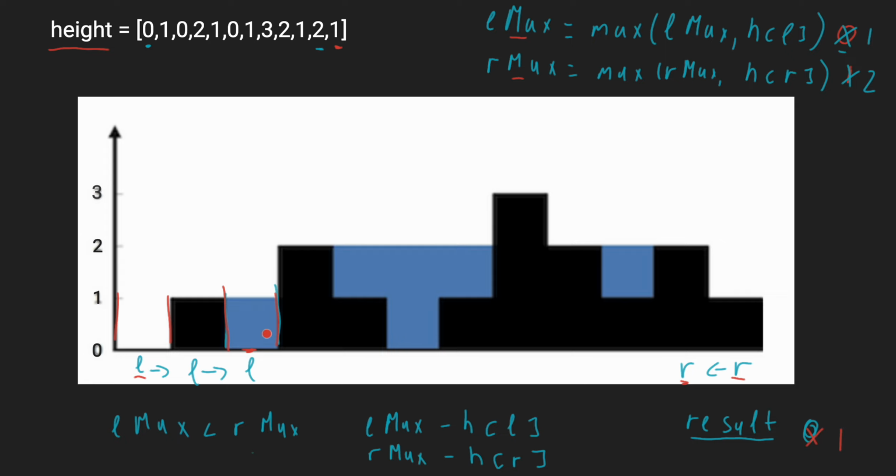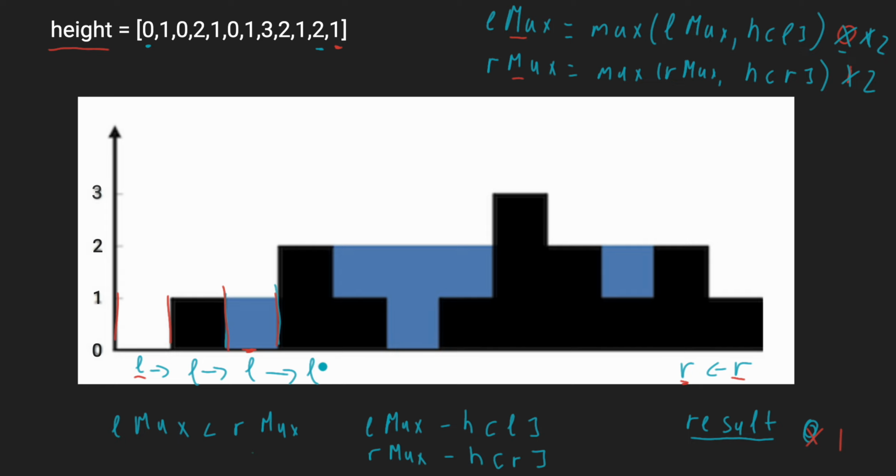Now we are moving our left pointer again. Now again, we are comparing. We are moving our left pointer here, and we are updating our Lmax.